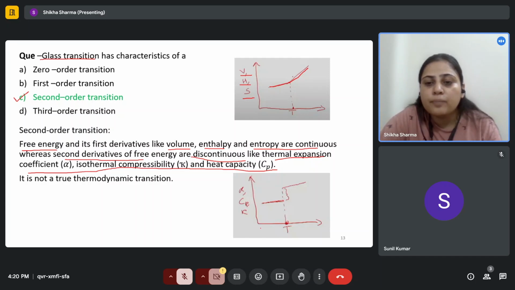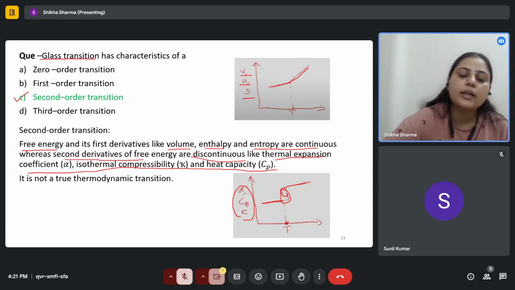But if we see the second derivative quantities, which are the thermal expansion coefficient, isothermal compressibility, and heat capacity, on the y-axis, with temperature on the x-axis, it is increasing at some rate. Then there is this discontinuity, this discontinuous region, and then it increases again at some different rate, right?